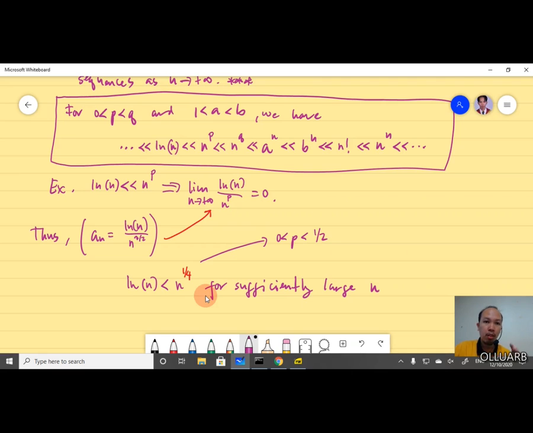I will show you later why. If you choose p greater than or equal to 1/2, then although the inequality is true, it cannot satisfy the LCT, the limit comparison test. So remember that one. There's a right way on how to choose this.